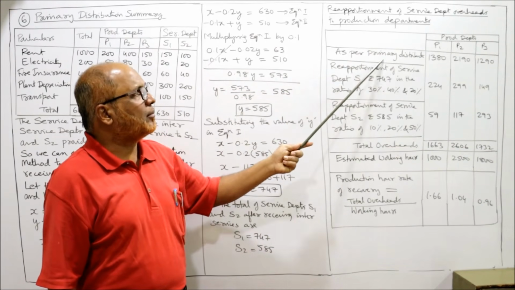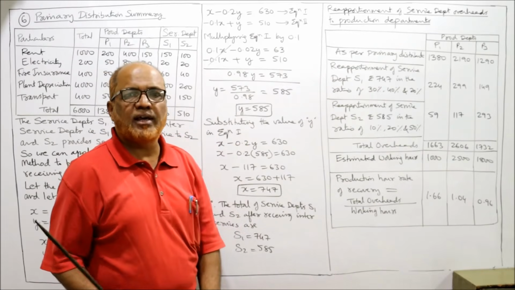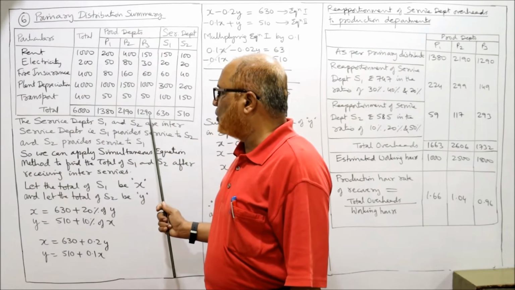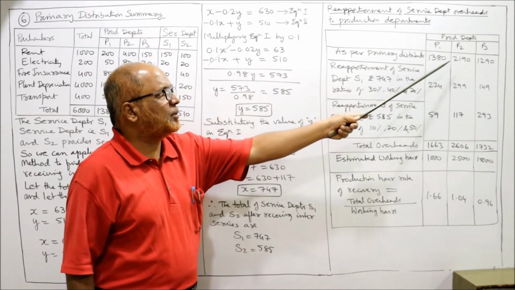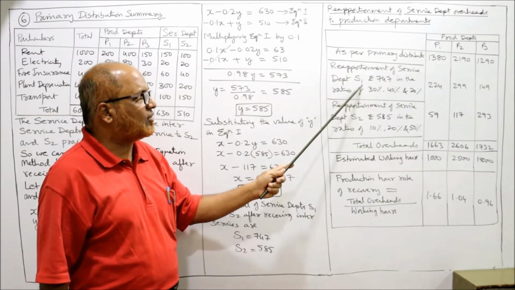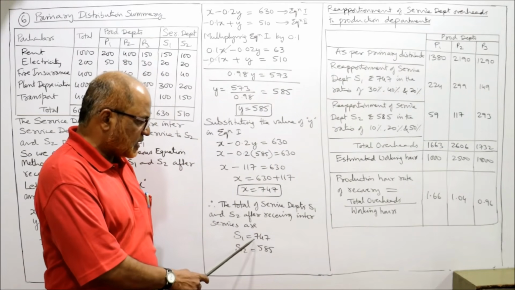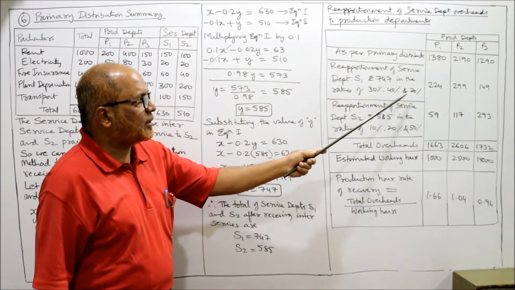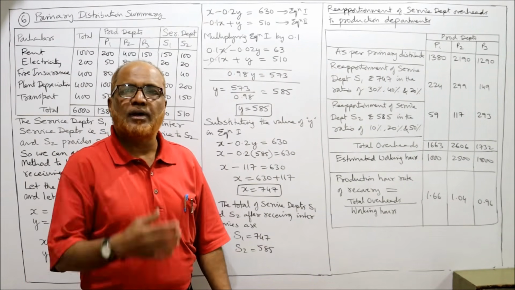As per the primary distribution, P1, P2, P3 you already have here: 1380, 2190, 1290. Now reapportionment of service department S1, rupees 747, in the ratio of 30%, 40%, 20%. It is given in the problem, in the last line.